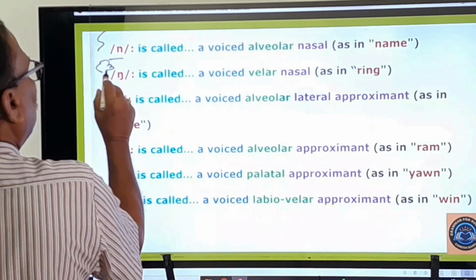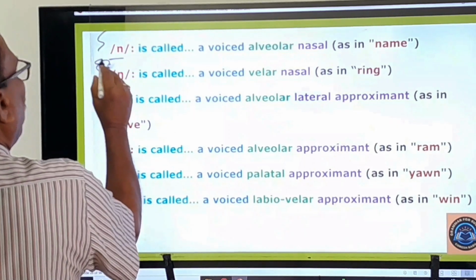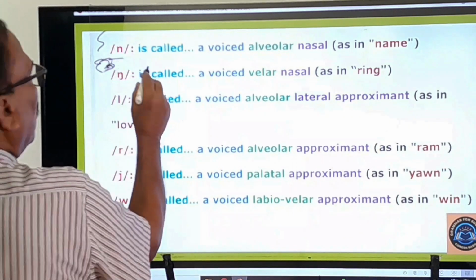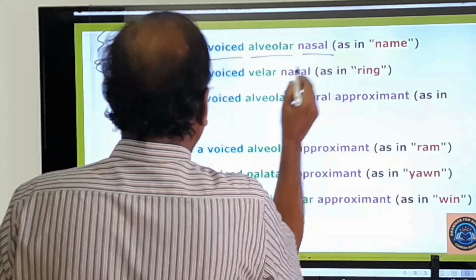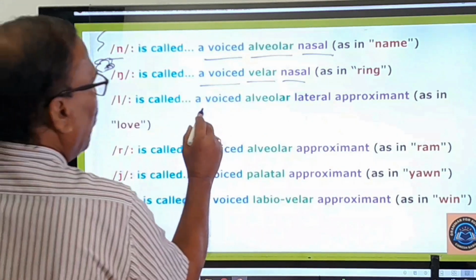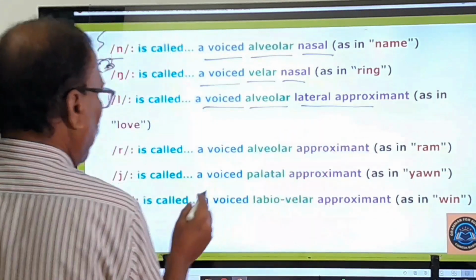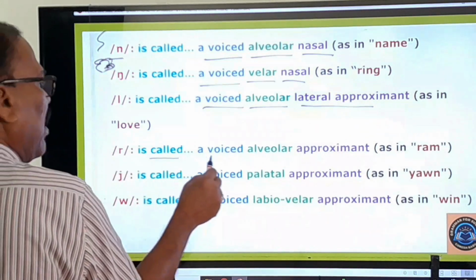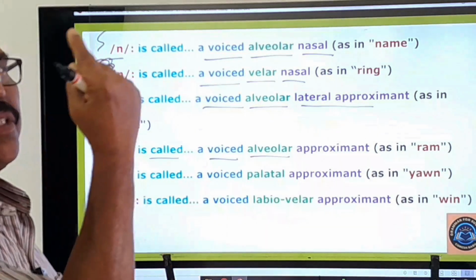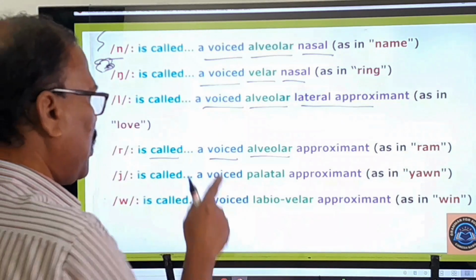Na is called a voiced alveolar nasal. Nga is called a voiced velar nasal. La is called a voiced alveolar lateral approximant. And R is called a voiced alveolar approximant. Alveolar means the tongue touching the alveolar ridge in the production of that.